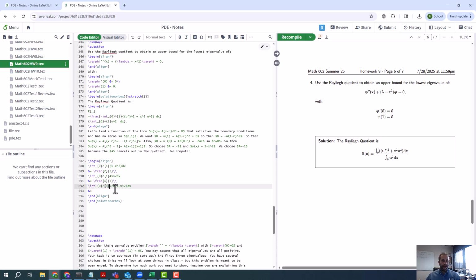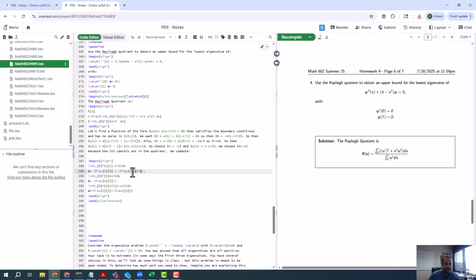Okay, and what is this going to be equal to? Well, I've got the x squared times 1, that's x squared, so that's going to be 1/3. Let me make sure I have that correctly, yes. And then x squared times x squared is x to the power of 4, so this is going to give me 1/5. Okay, and now I'm going to need to get everything in terms of 15ths. So I need to multiply 2/3 by 5/5, so this is going to give me 10/15.